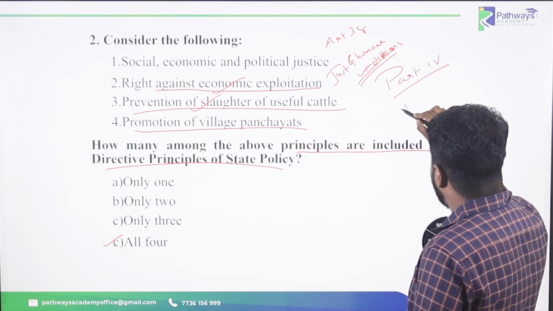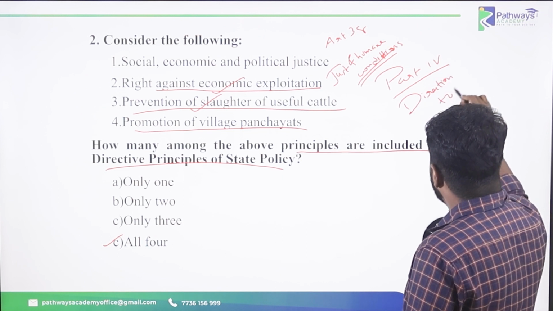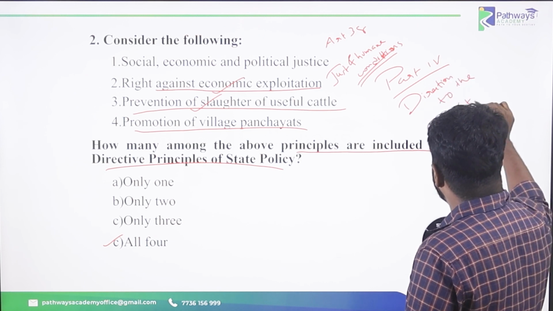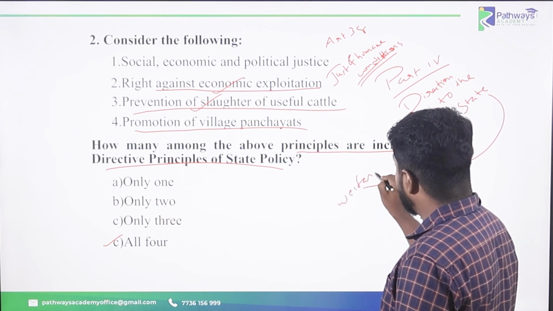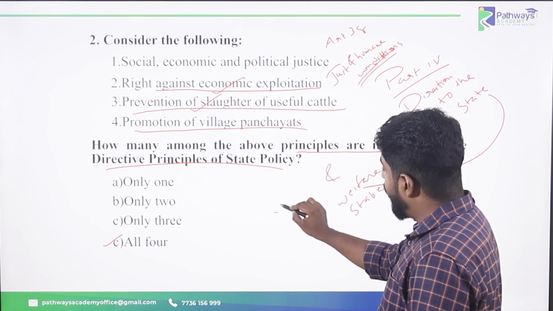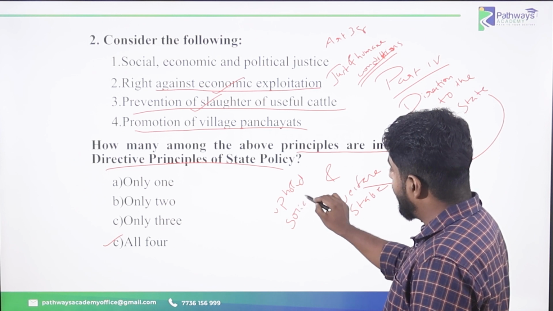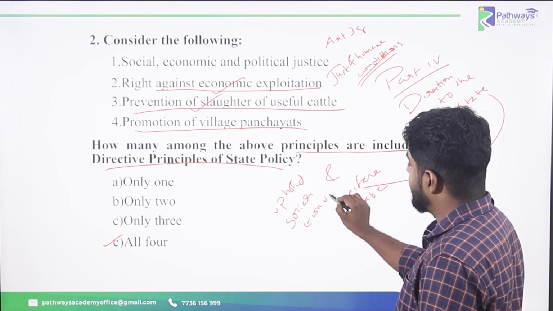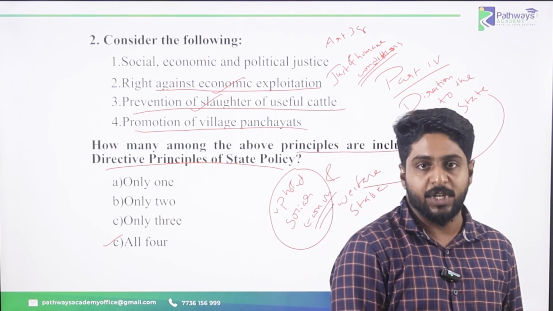Those are directions to the state to establish a welfare state and uphold social as well as economic justice. So this is actually the intention of directive principle of state policy.